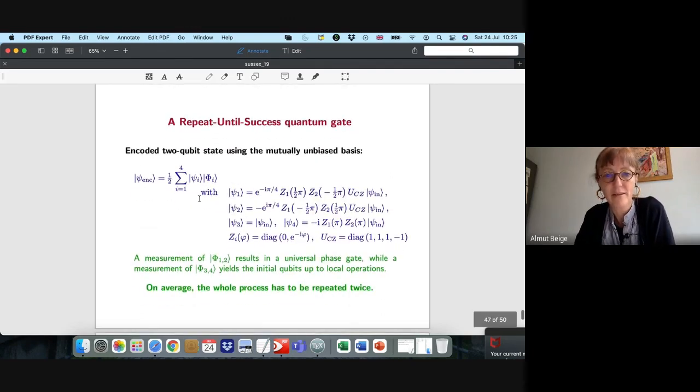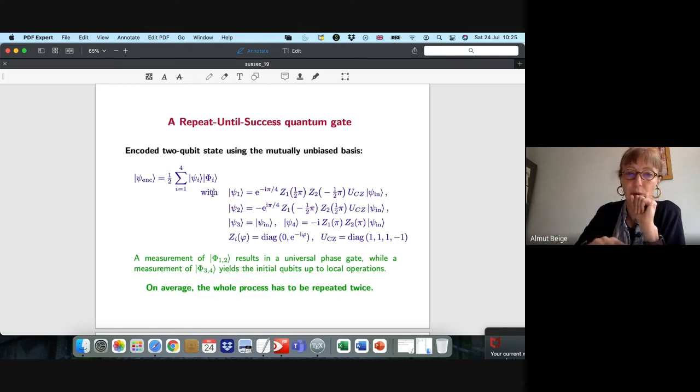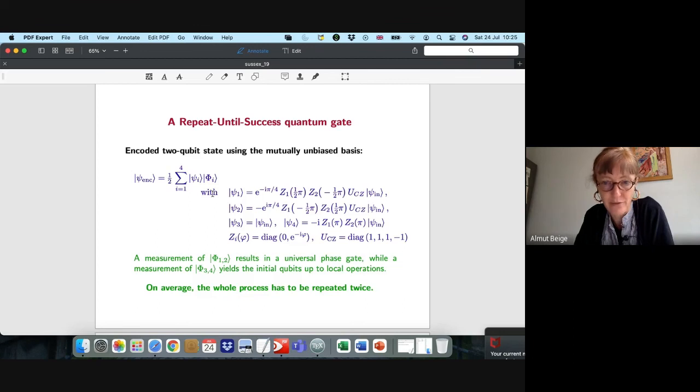So if you measure a certain 2-qubit output state, then you have entangled your atoms, or you implemented a gate operation. Or if you measure a state that has not changed your atom, then you just do it again until you succeed with the gate that you want to implement.